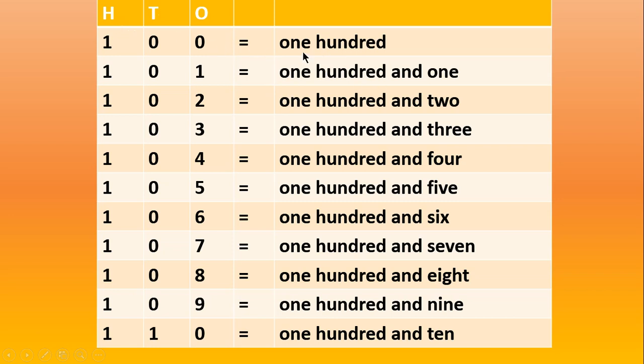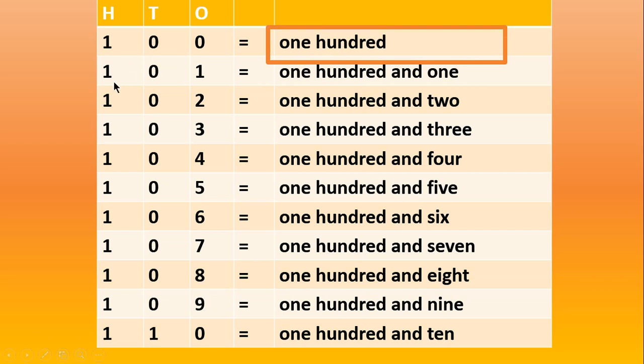Let's learn the spelling of 100. You already know the spelling of 1, O-N-E, 1. But do you know the spelling of 100? Let's learn it. HUNDRED. Hundred. Now, what comes after 100?